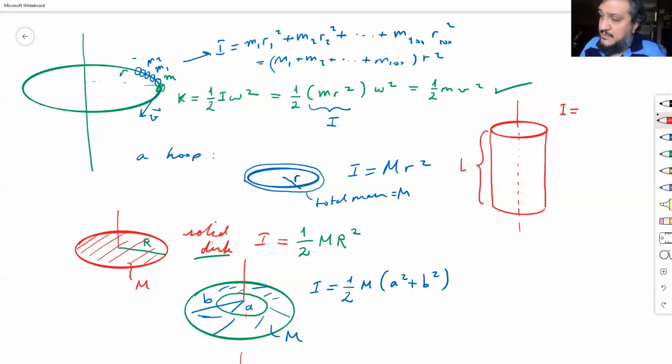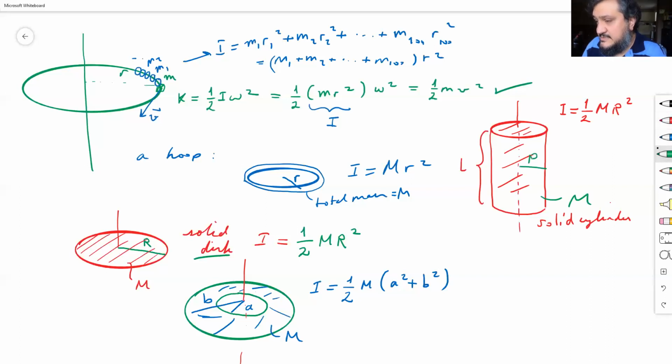So it's a solid cylinder. Use that same form, 1/2 MR squared. Just keep in mind, M is the total mass and R is the radius.